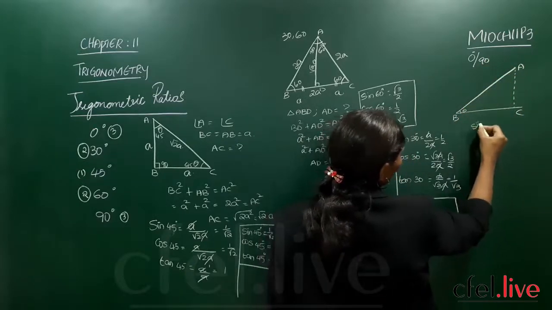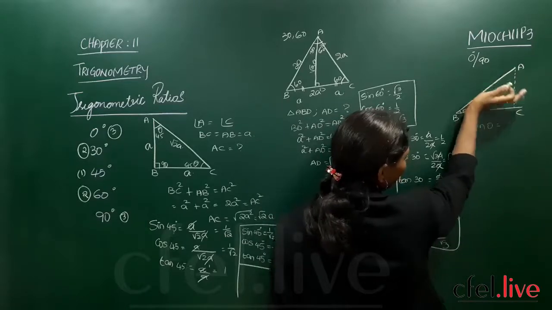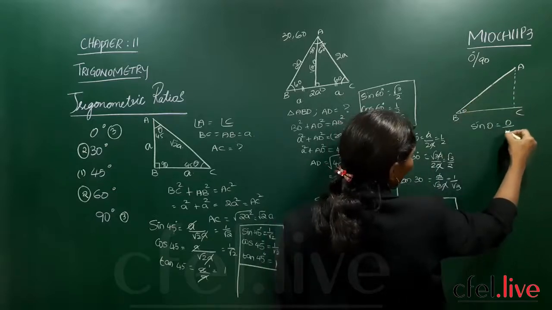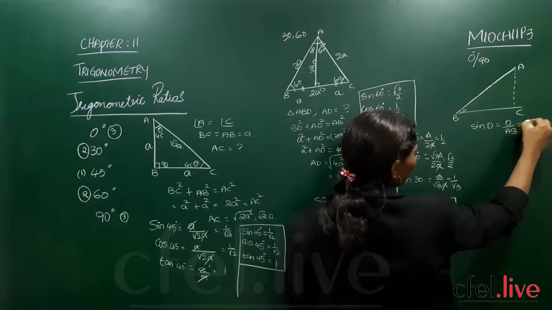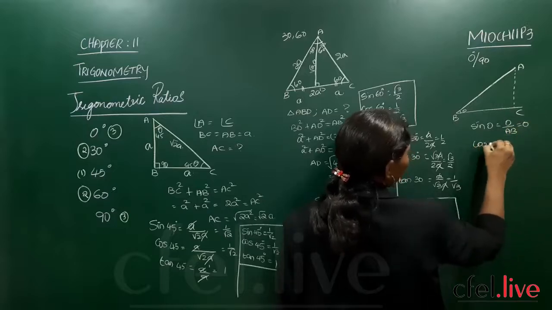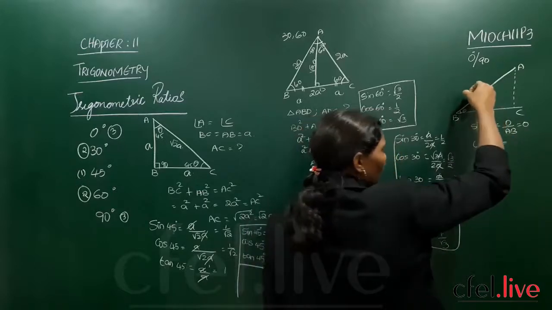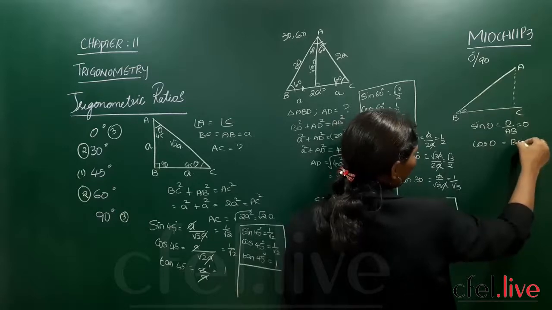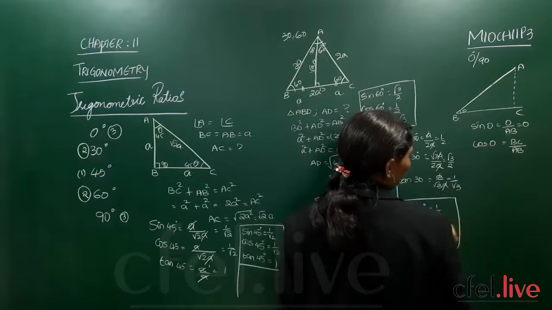So if you go for sine 0, opposite, nothing will be there. Why? Because this line is completely falling on this. So 0 by some hypotenuse AB. 0 by something is 0. Now cos 0. Cos 0 is adjacent by hypotenuse, right? So adjacent will be BC by hypotenuse AB.